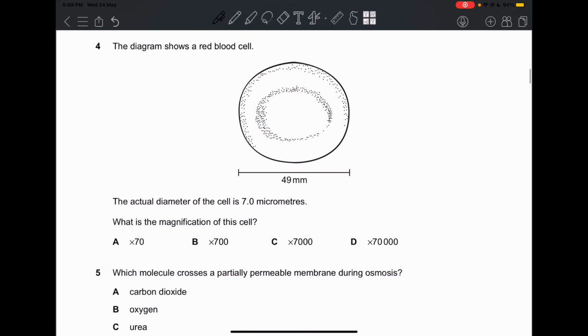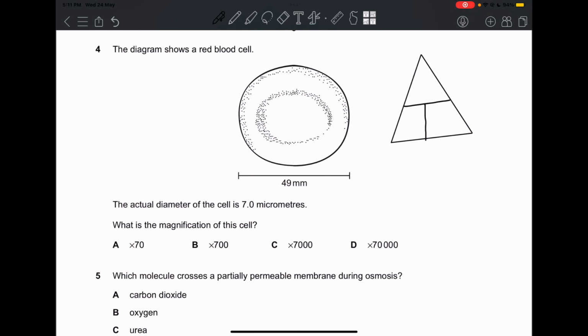Number 4, the diagram shows a red blood cell. The actual diameter of the cell is 7 micrometers. What is the magnification? I'm going to be solving this question using the I-A-M triangle that I have explained in my Paper 6 tips and tricks videos. The I stands for image, the A stands for actual size, and the M stands for magnification.